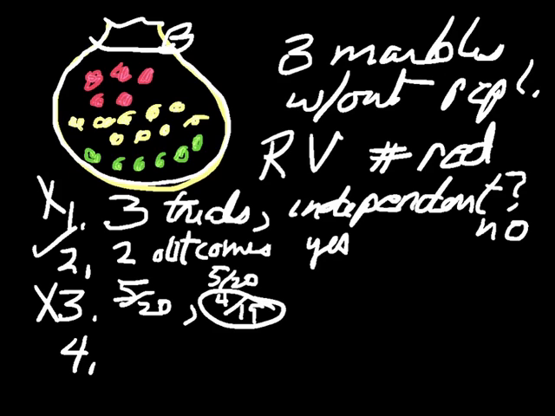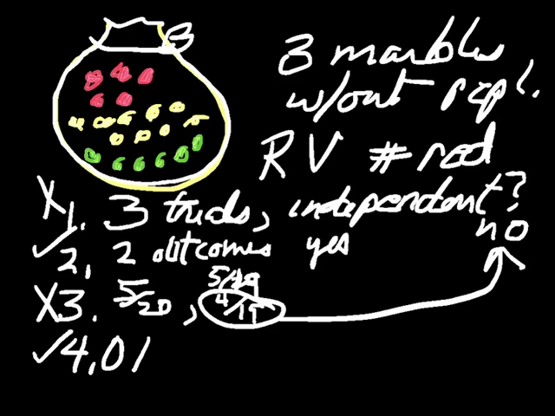And right there it shows it's not independent. So that's why we fail the independence condition. Excuse me, it should be 5 out of 19 here, or 4 out of 19. And then the random variable counts the number of successful trials. That's okay because the random variable is 0, 1, 2, or 3 successful trials.